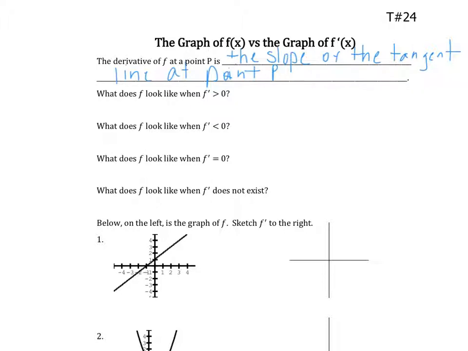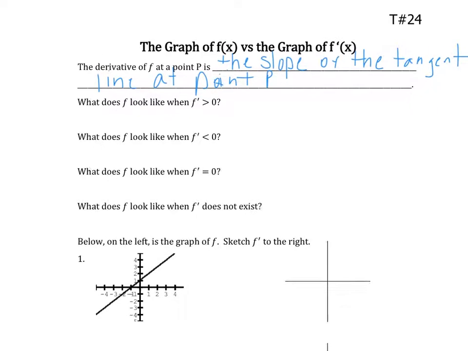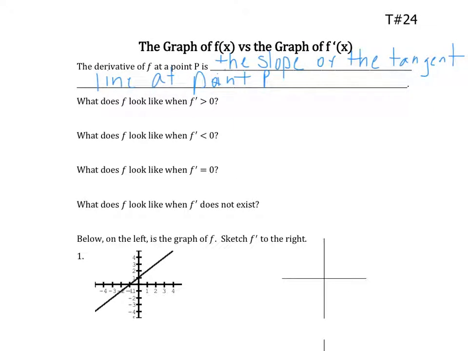So what do you think if the derivative is positive? So if f prime is positive, what would f look like? Well, hopefully you would say, well, I could have something like that. It would be linear and all the slopes are positive, but would it necessarily have to be a line? Would it have to be a linear graph?